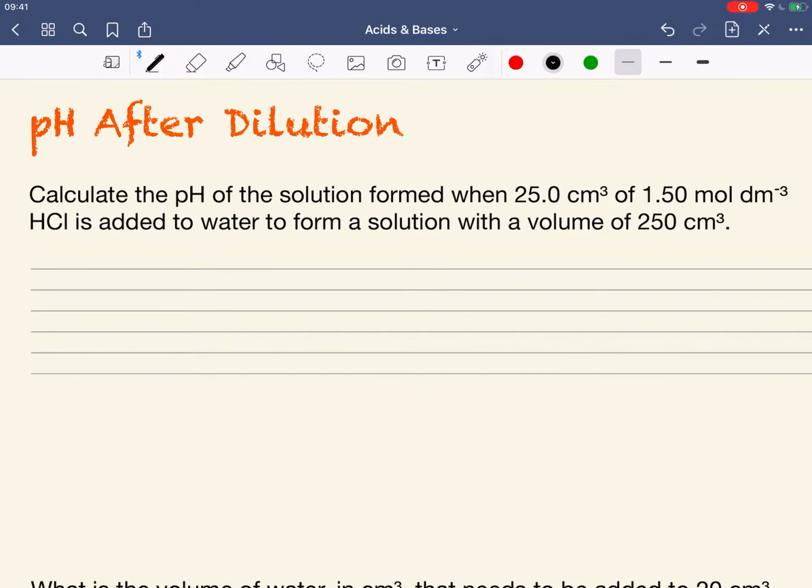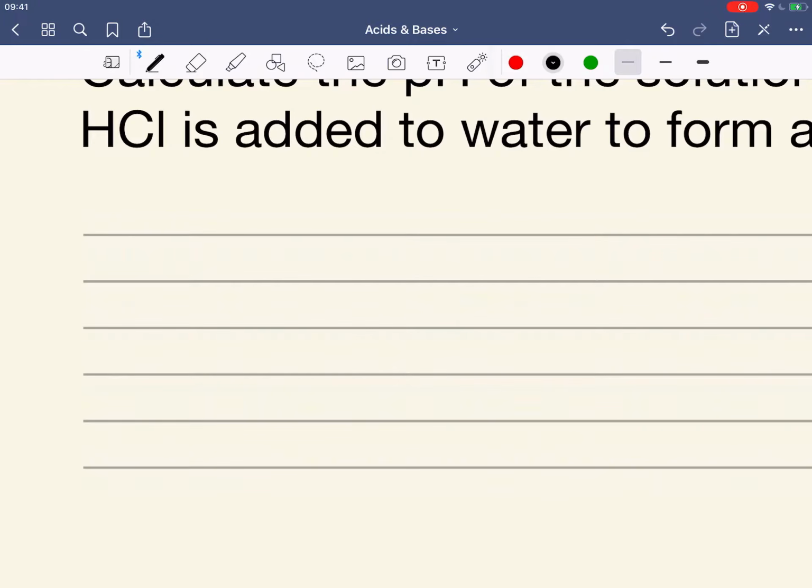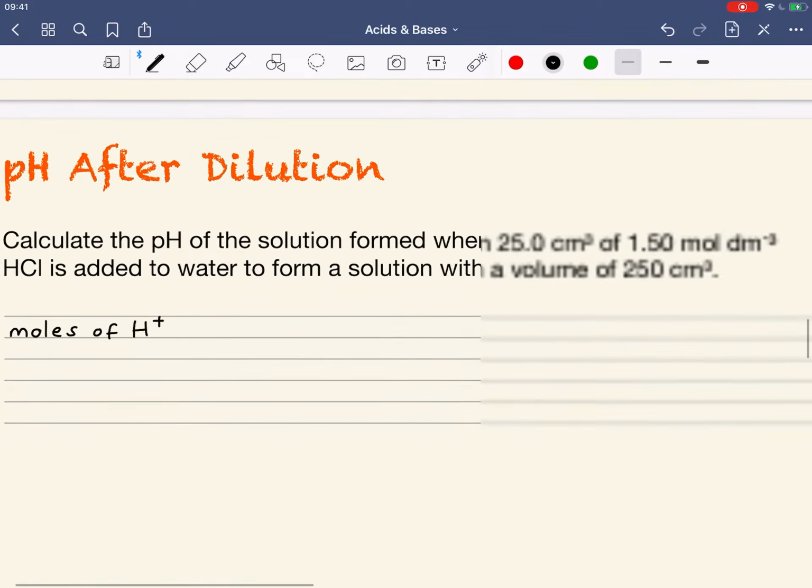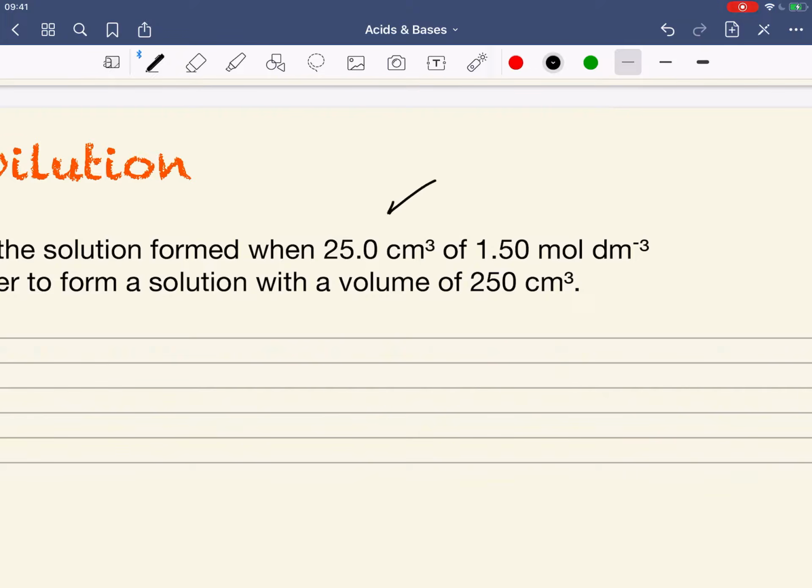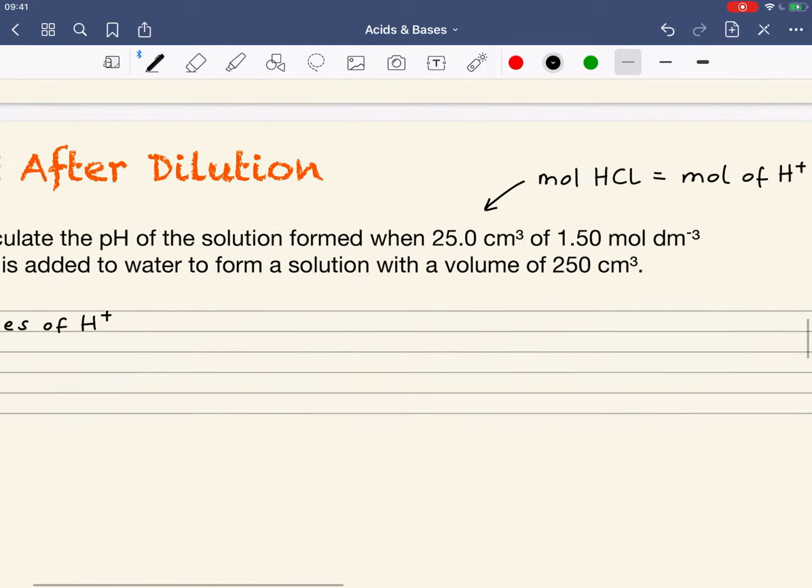So the first thing you do in a calculation like this is work out the moles of hydrogen ions. In this case, the moles of HCl will equal the moles of hydrogen ions because it's a strong monoprotic acid.